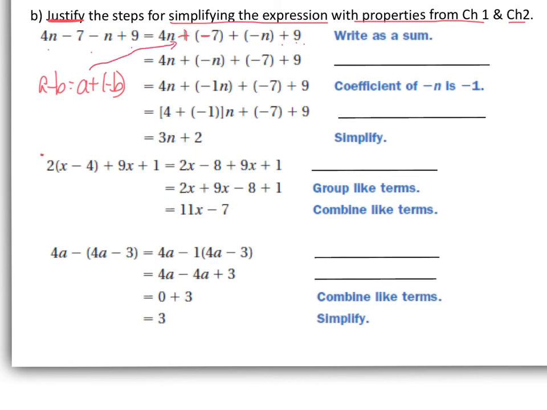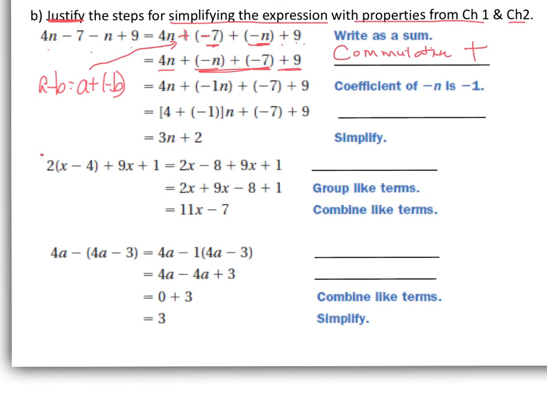Next, I'm going to use the commutative property of addition and switch the location of negative 7 and negative n. So in the next step, I will write 4n plus negative n plus negative 7 and recopy the positive 9 or plus 9.